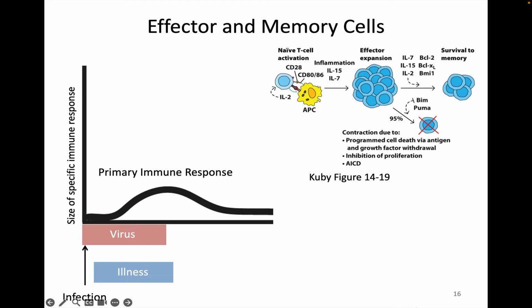Because what you can see is this figure that you saw on the right, where we have our naive cells and we have this expansion of a large number of effector cells. And we saw that 95% of them will die due to contraction. But what you should also notice is that there is also this set of other cells that don't die, that survive.